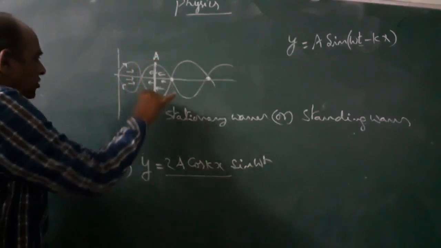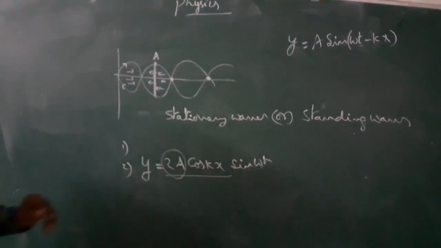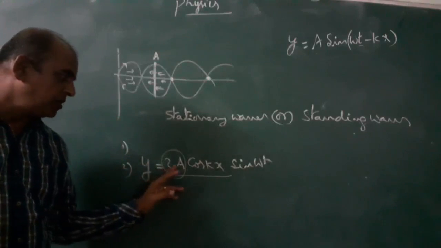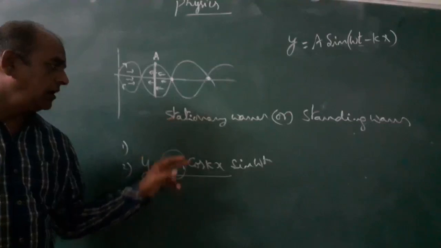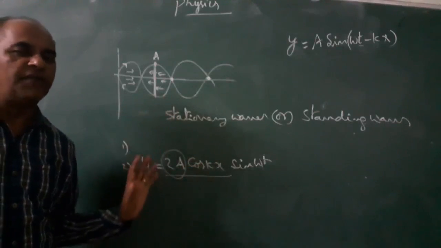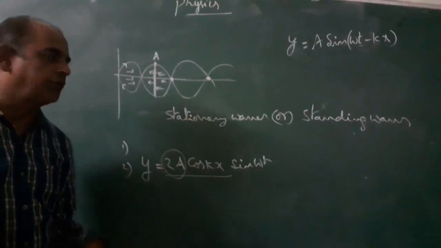So here amplitude is maximum. 2a is called the amplitude of the stationary wave, the maximum displacement. And this 2a cos kx represents the displacement of the particles in the stationary wave.